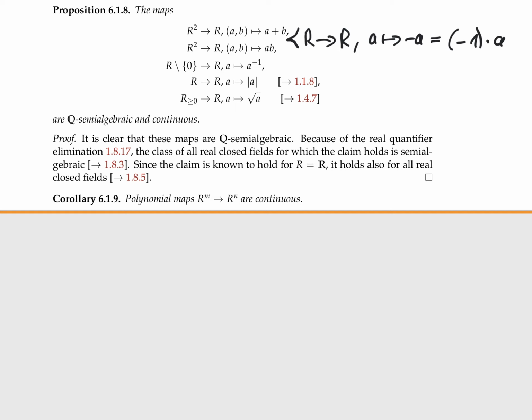So why is this? Let's do it with the product, for example, or with addition. Let me say f and g are both continuous maps from R^m to R. And is f plus g continuous?